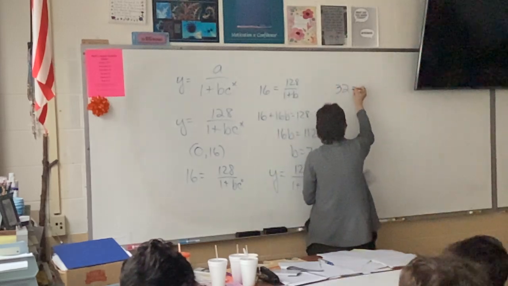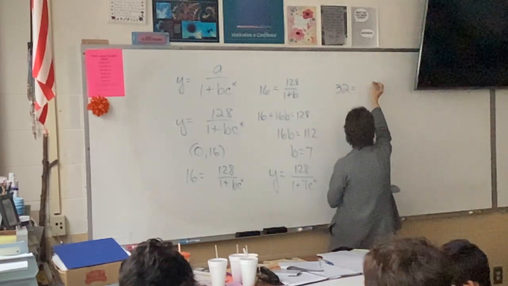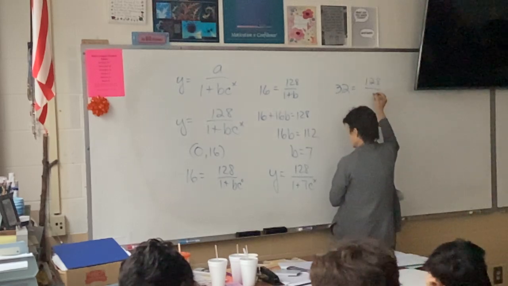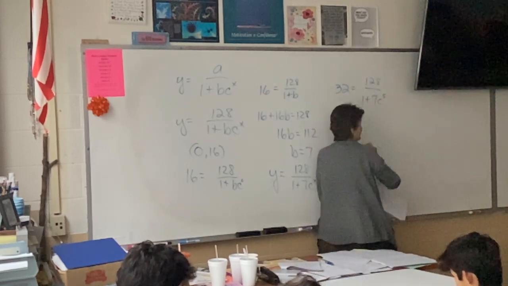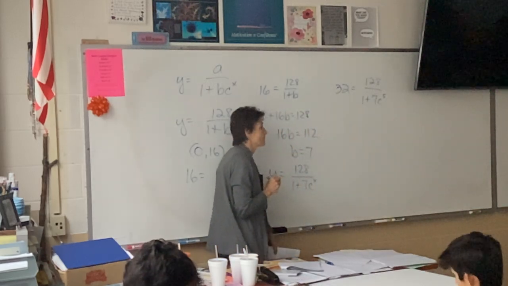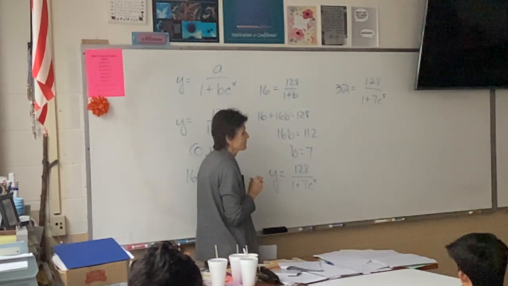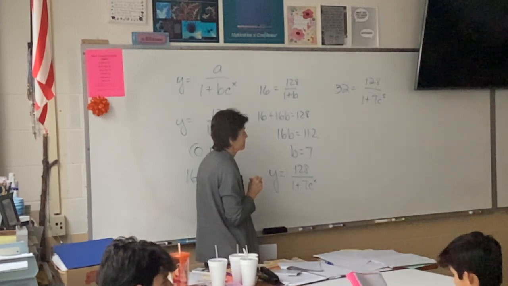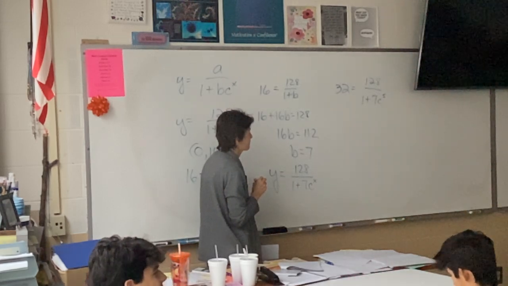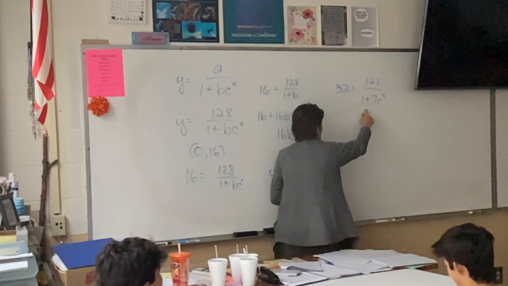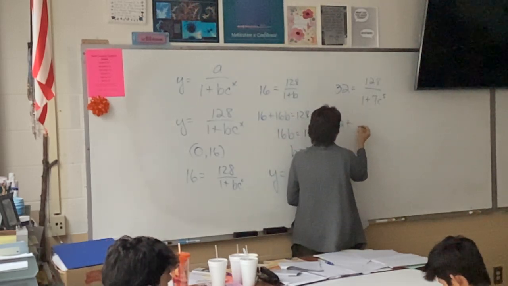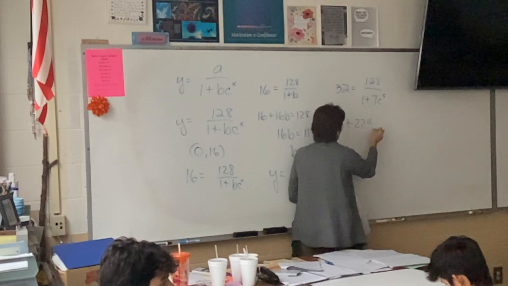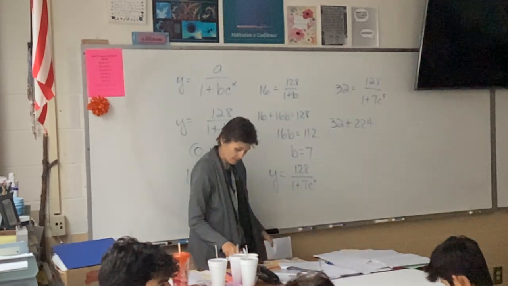So 32 equals 128 over 1 plus 7 c to the 5th. And then you times it on both sides. So I'm gonna bring this over to here. So 32 plus that 224, I'll double check, so I'm not gonna mess it up.